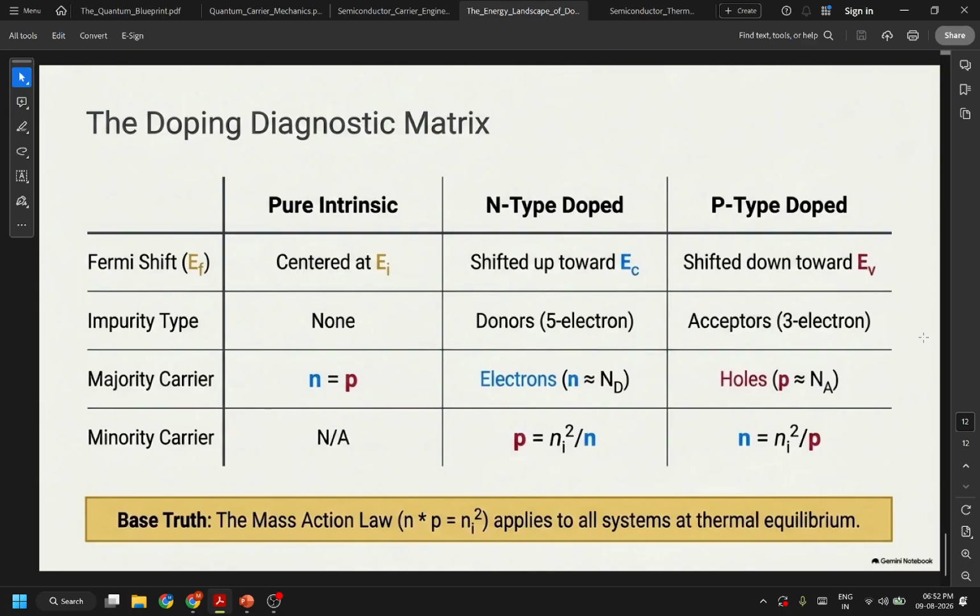So the mass action law, n into p equals Ni square, applies to all systems at thermal equilibrium.